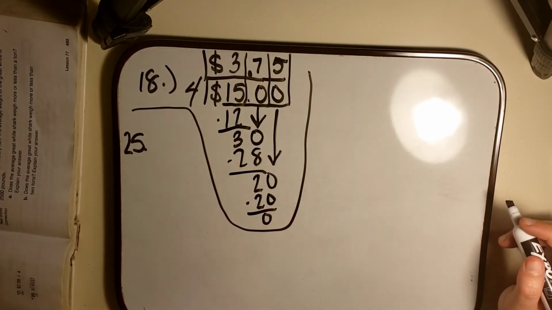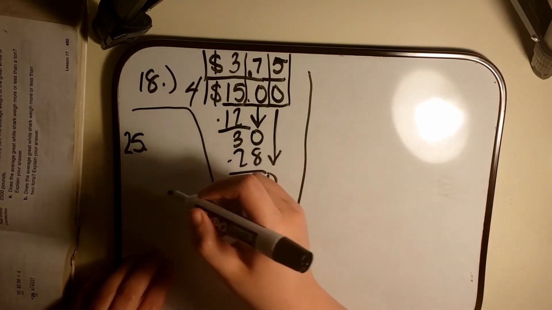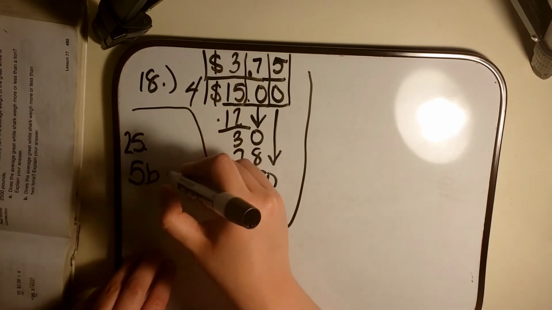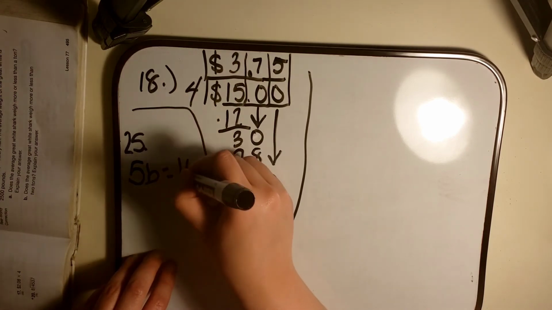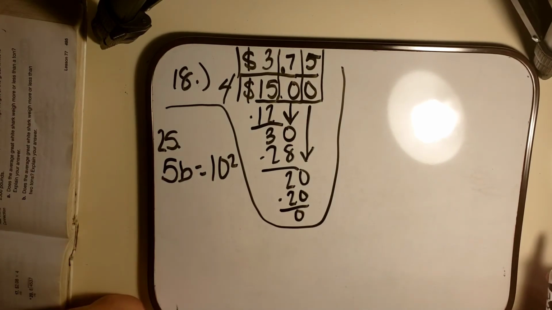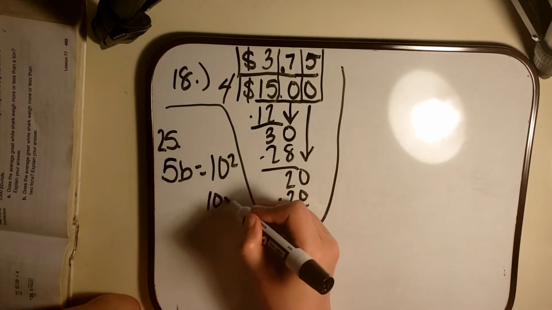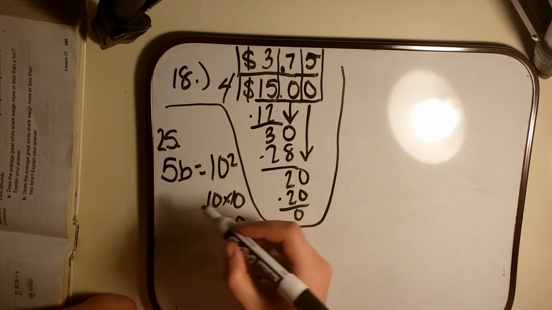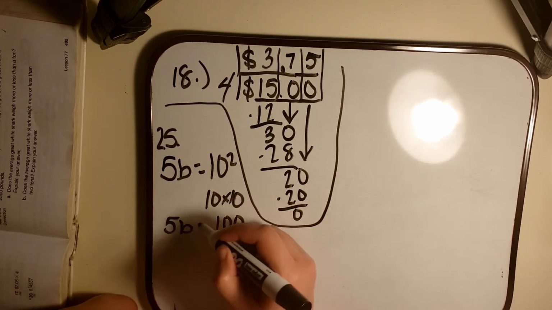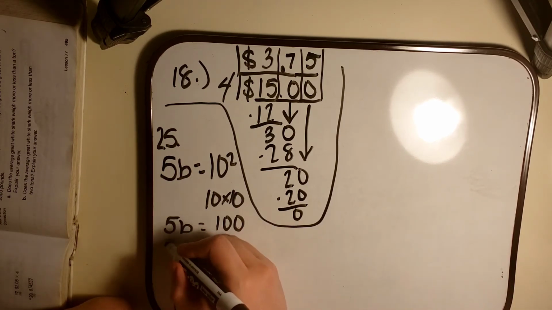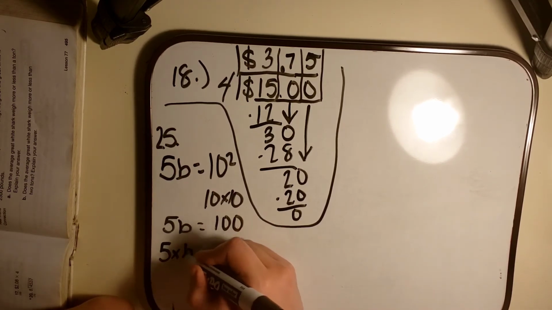So 25 says 5b equals 10 squared. 10 squared is just 10 times 10, which equals 100. So 5b equals 100. And 5b is the same as 5 times b.